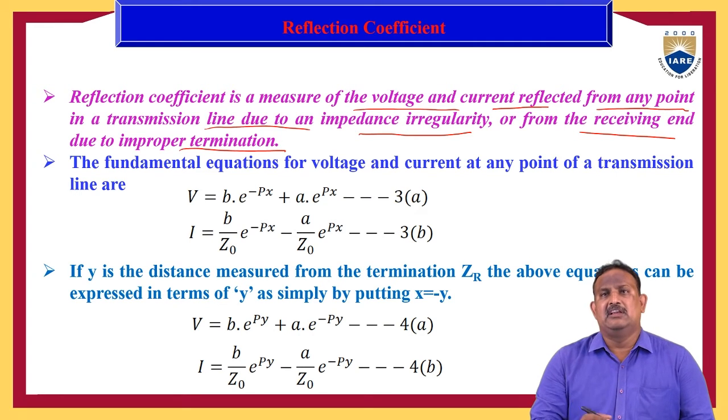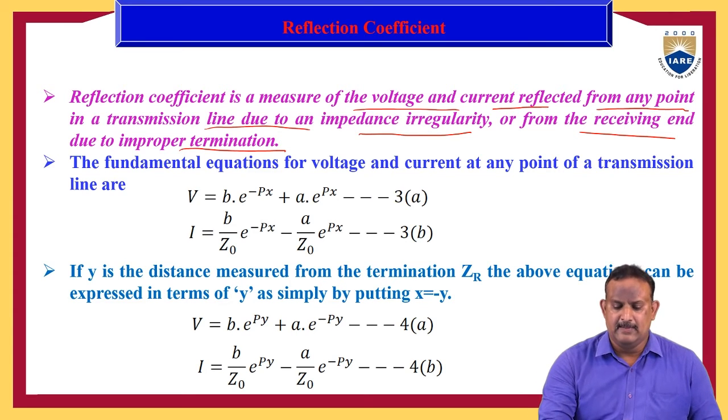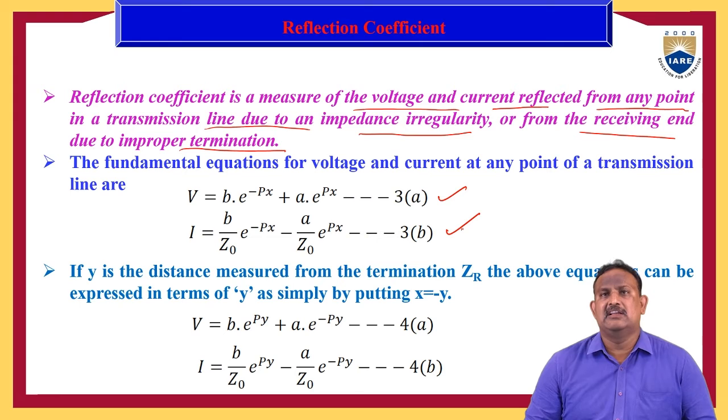The fundamental equations for voltage and current at any point of a transmission line are the voltage equation and the current equation. The voltage equation is V equals B e power minus Px plus A e power Px, and the current equation is I equals B by Z0 e power minus Px minus A by Z0 e power Px, where A and B are constants and P is the propagation constant.